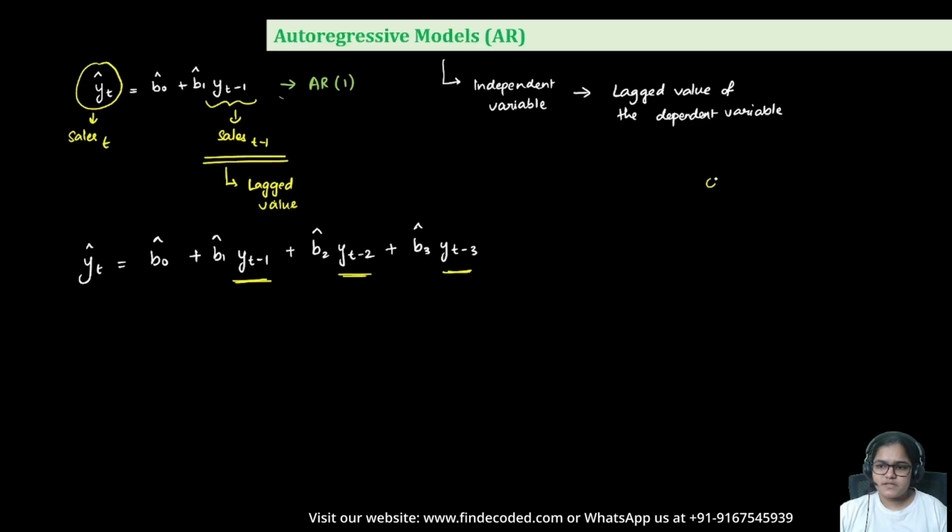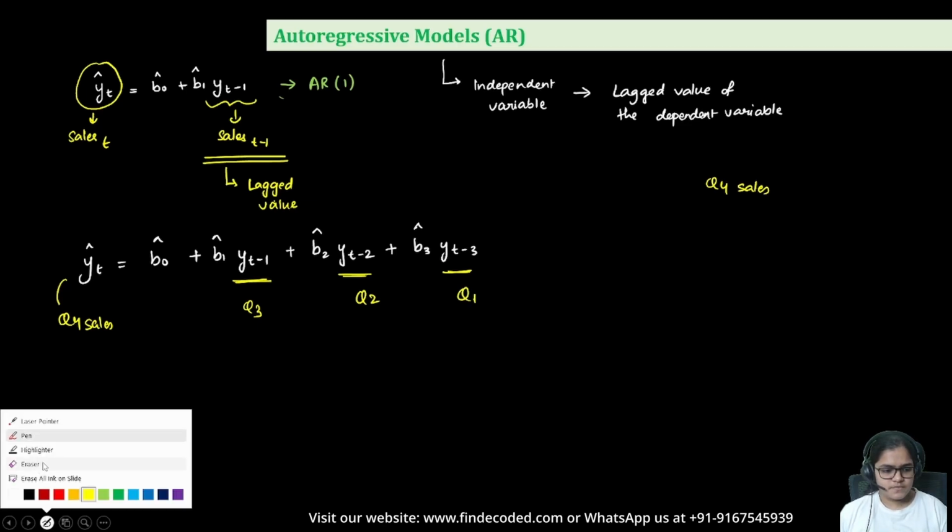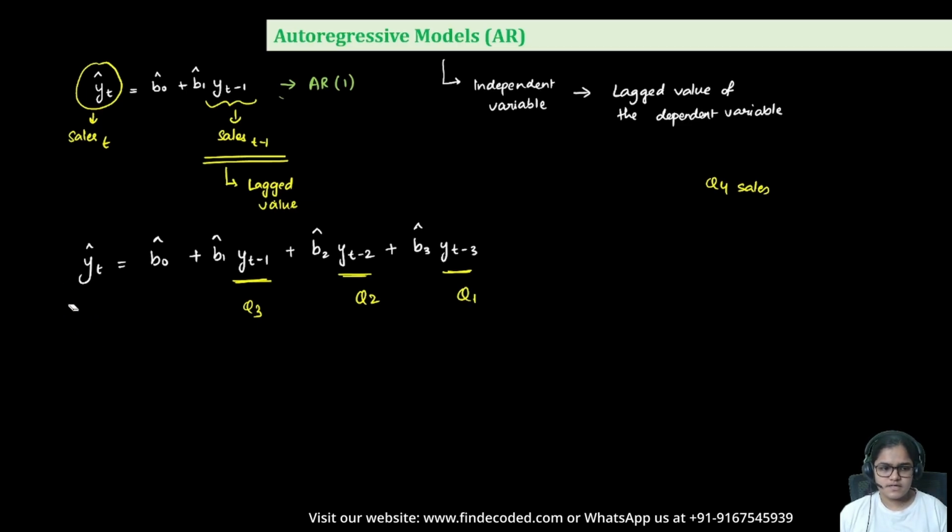So for example, here I am saying that Q4 sales, okay, let us say this is Q4 sales. So I am saying Q4 sales depends on Q3 sales, it depends on Q2 sales, and it depends on Q1 sales. Okay, so this is what I am saying. Understanding? So this is the first lag, the immediately preceding term.